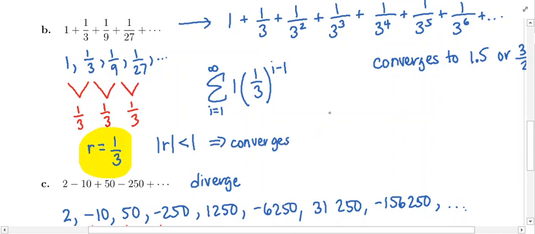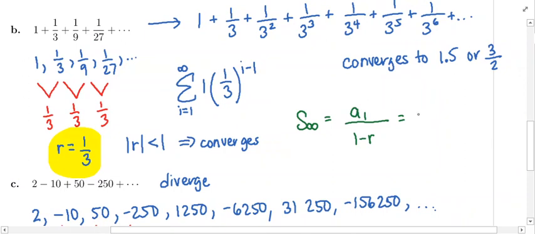How do you figure out what it converges to? Well, you apply that formula we just came up with. The infinite partial sum, or summing up the infinite series, that's S infinity. You get it by doing A1 over 1 minus R. Let's see if we get 1.5 or 3/2 like we thought. The first term in the series here is 1.